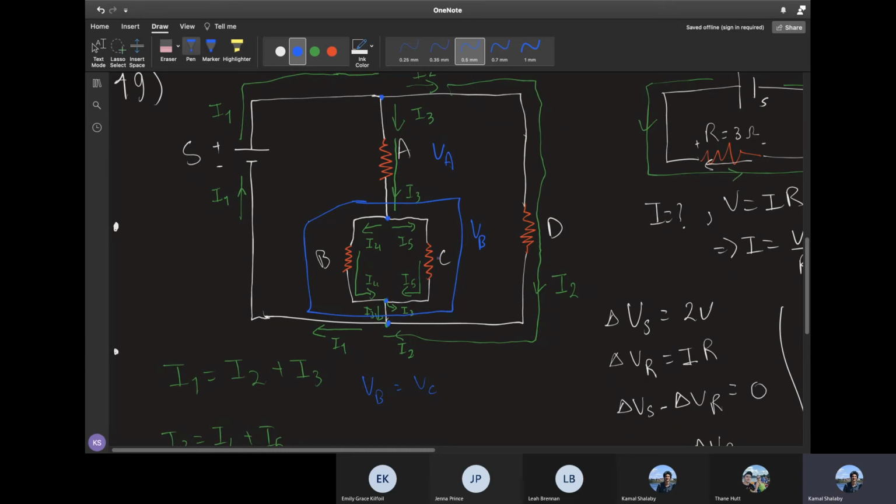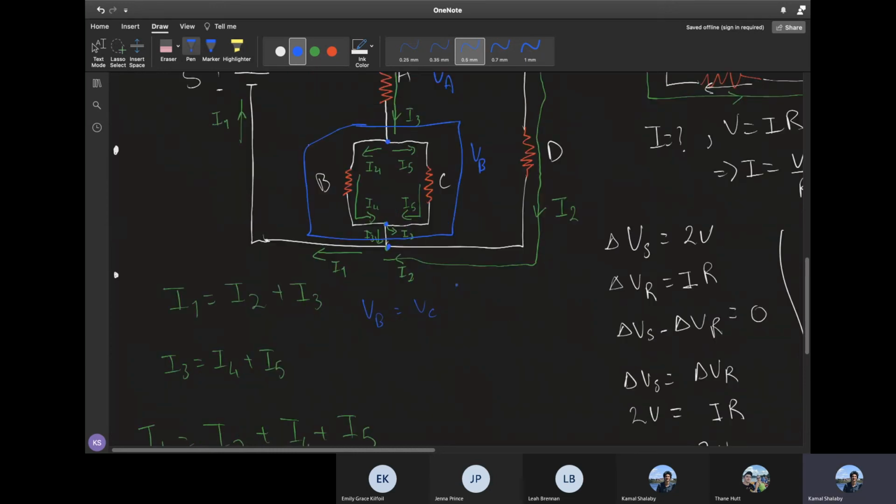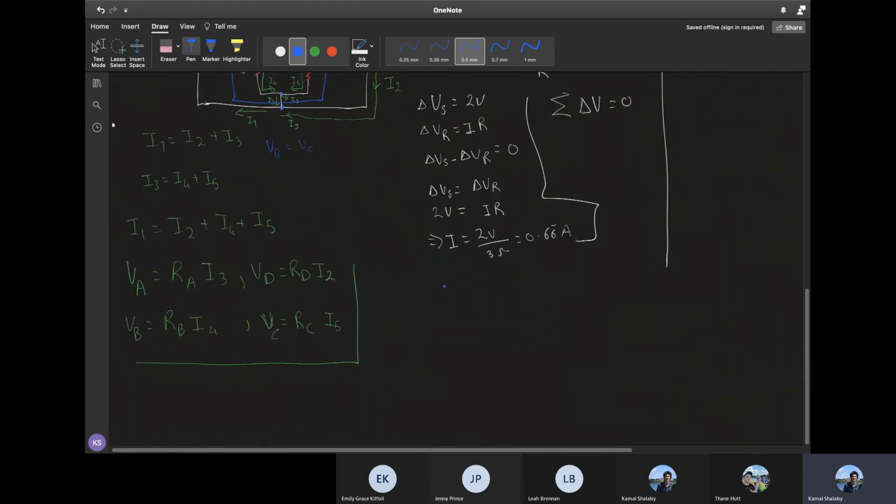Okay, we said that VB is equal to VC, so you can redraw the circuit and make it simpler now. So this is our battery.